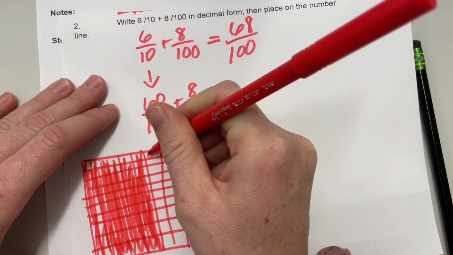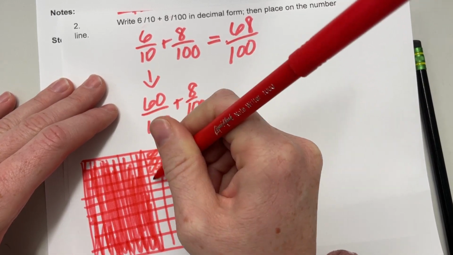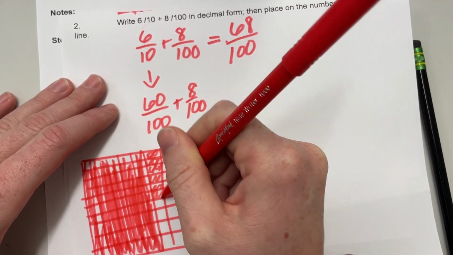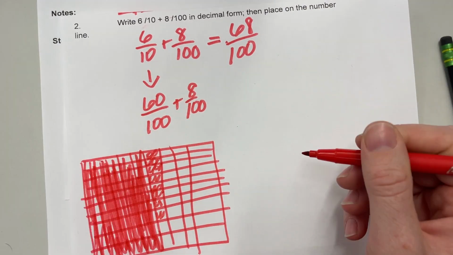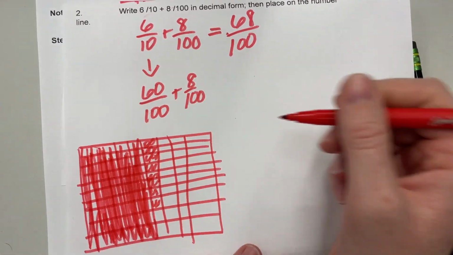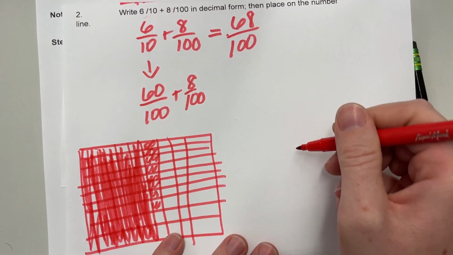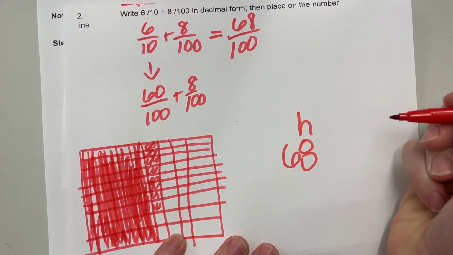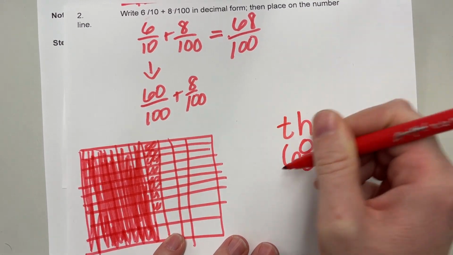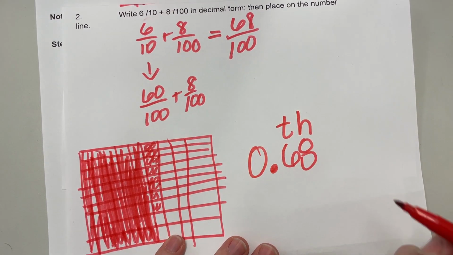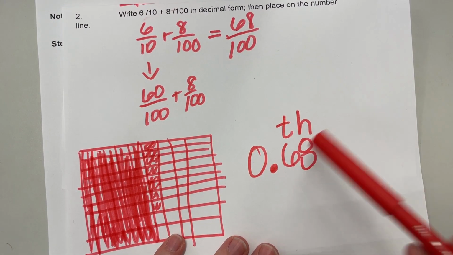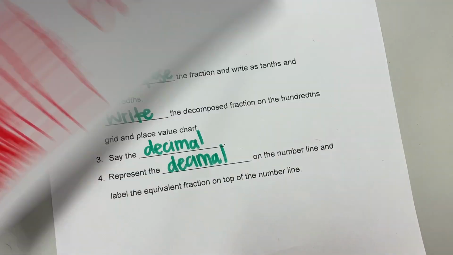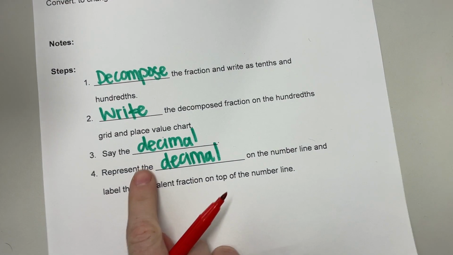And then 8. 1, 2, 3, 4, 5, 6, 7, 8. So I have 68 hundredths. I need to have that in the hundredths place, my tenths place, and then I have my decimal. Okay, this is read as 68 hundredths. So I've said the decimal.